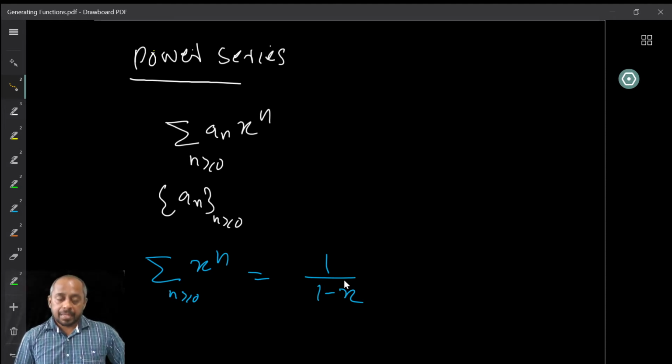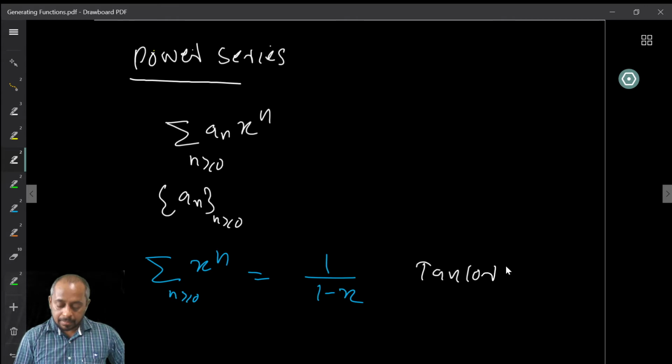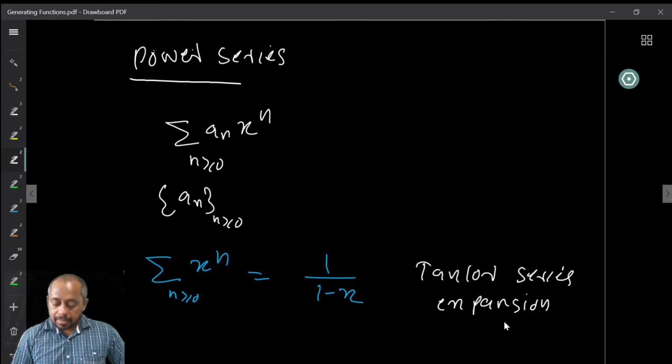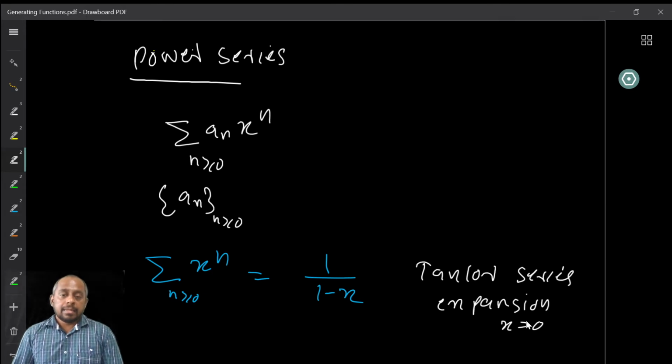If you want to recover a_n, all you have to do is take the Taylor series expansion at x equal to 0, around x equal to 0. So you consider this, and then from this you can recover the coefficient of x raised to n.